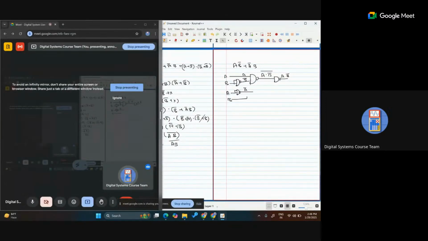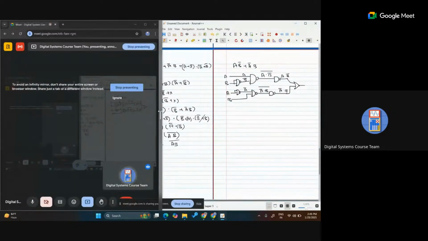The B term as it is to here gives A bar dot B, the whole bar. If I give this to another NAND gate, it gives A bar dot B. If I connect these two things to an OR gate, that's it. I'll get the answer as A XOR B.